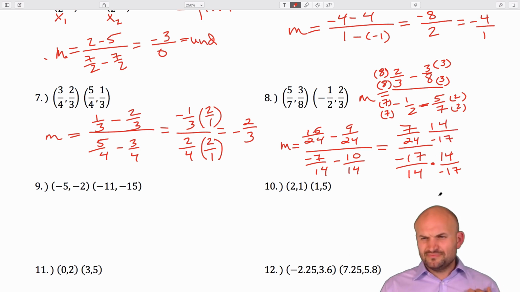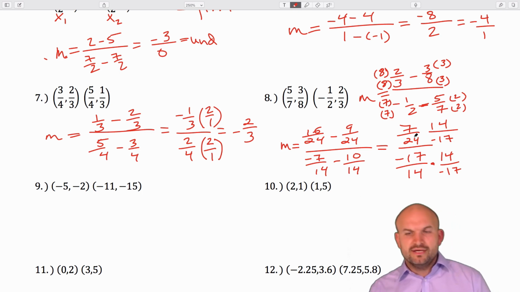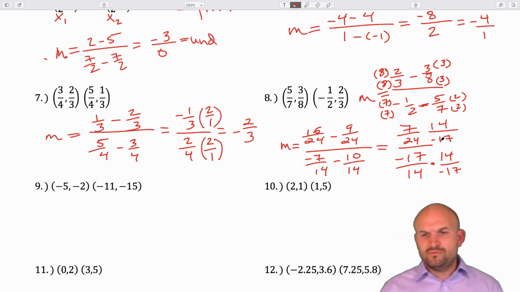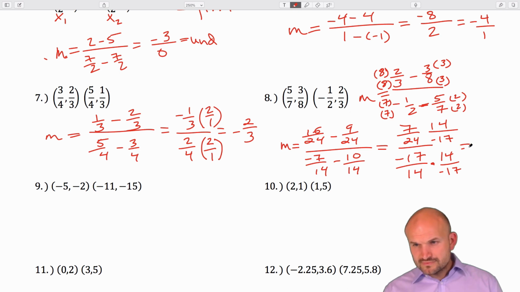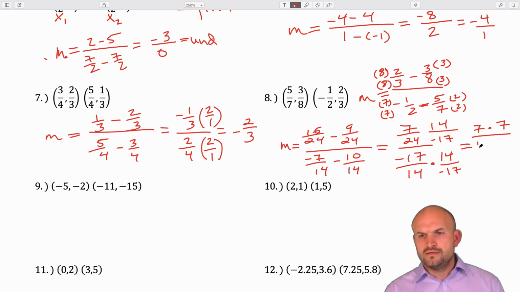Okay, can anything be divided out? So now that goes ahead and gets divided out, right? You can see that's going to go to 1. Here, these are both divisible by 2. So rather than dividing that out, I'm going to rewrite this as 7 times 7. And this would be 12 times negative 17.